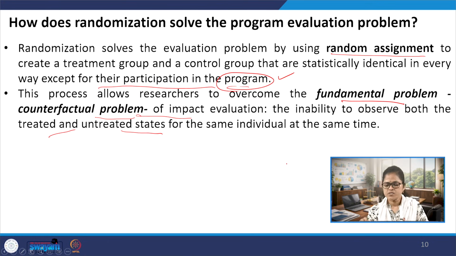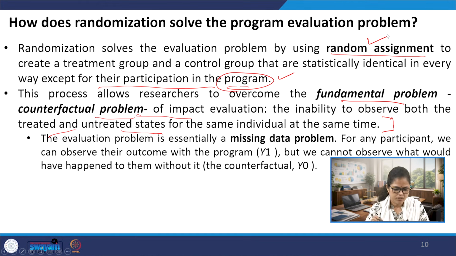Okay, so this particular data, which is quite not possible, can be made possible through this randomization process or random assignments.